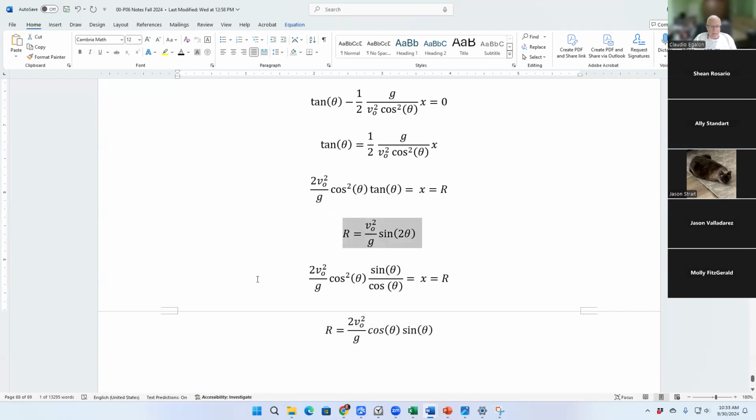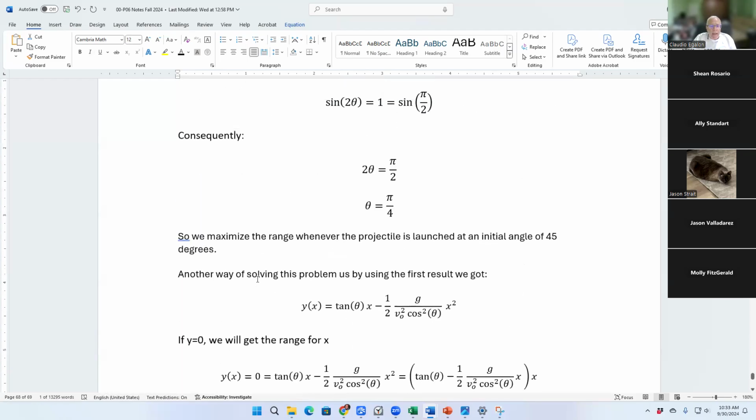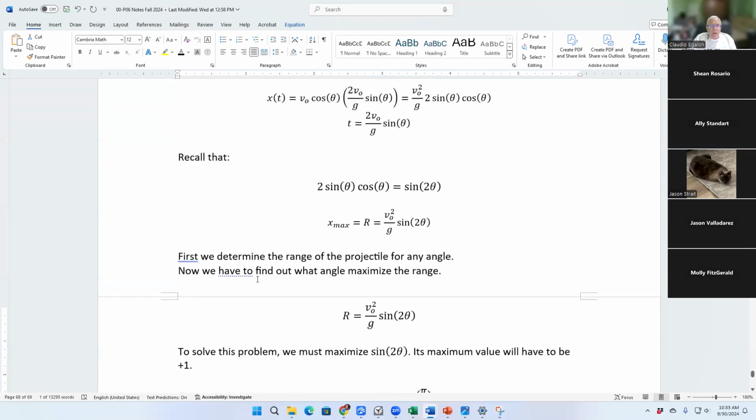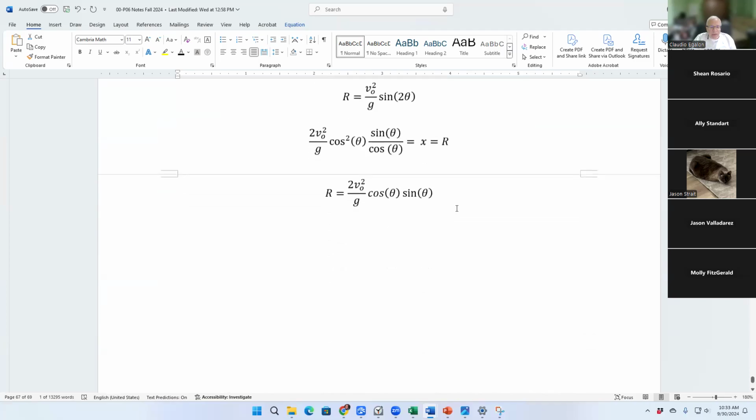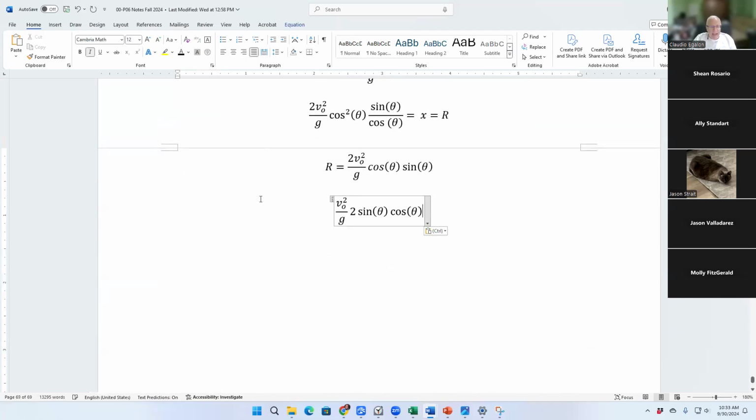It's not exactly what we got before, but if we go back in our derivation here, where we substituted that, that's what we got, right? We can see that it's exactly the same term, right? 2 cosine sine, 2 cosine sine, V naught square over g, right?